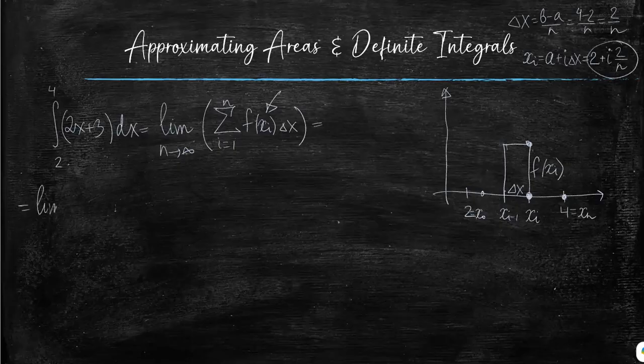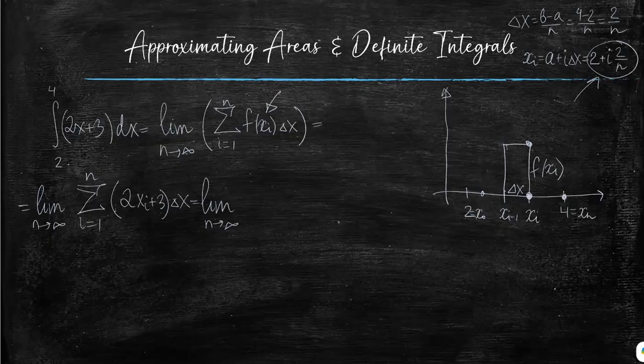So we have limit as n goes to infinity, sigma i goes from 1 to n. f is 2x plus 3. So into this 2x plus 3, I'm going to plug in xi, but instead of xi, I'm actually going to plug in this.